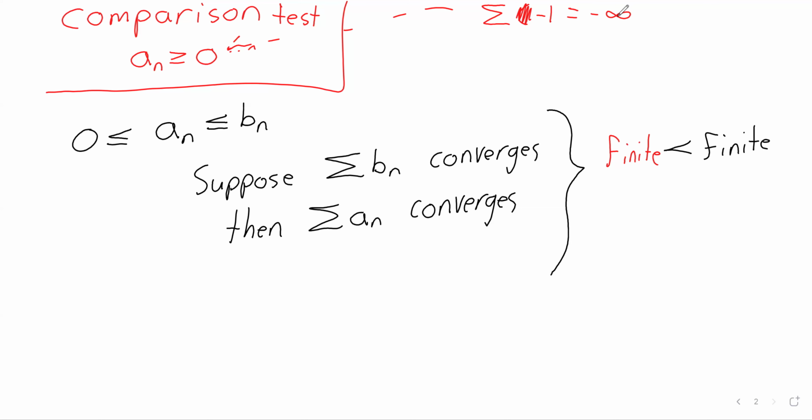It goes to -infinity, but this is less than, for example, the geometric series, 1/2 to the n. It converges, so we're less than a convergent thing, but because we're negative, we still don't converge. So we do need these terms to be positive.